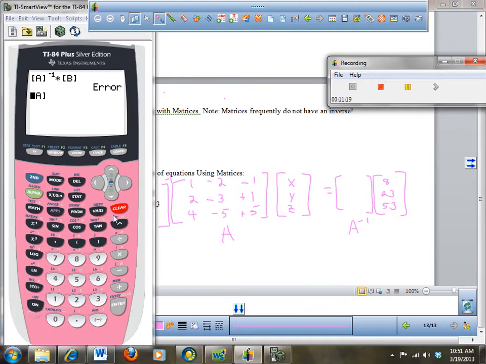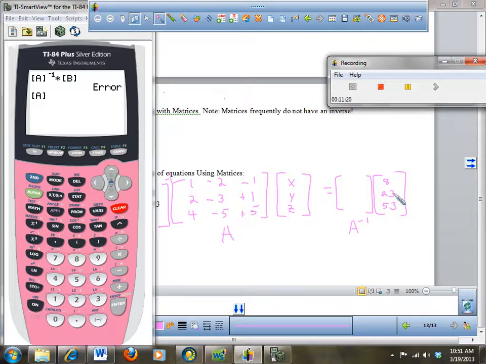So to continue here, I didn't make a mistake. I put everything in right, and I set up my matrices correctly. But what happens sometimes, or a lot of the times, is that a matrix doesn't have an inverse. One cannot be found. So in other words, there's no matrix that I can multiply this one by to get a matrix with ones on the diagonal and zeros everywhere else.